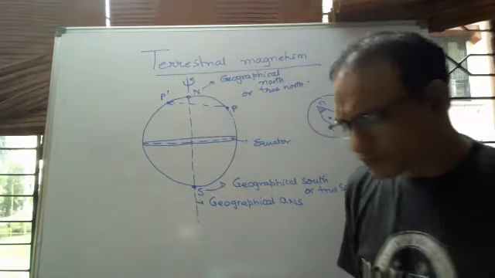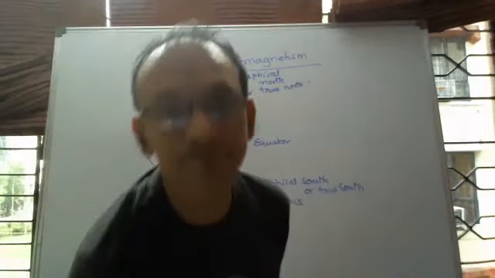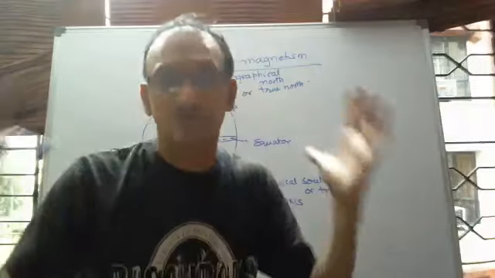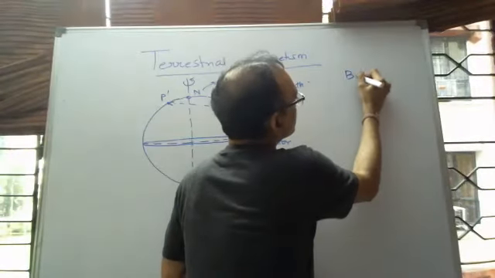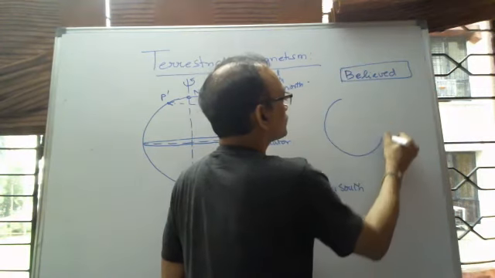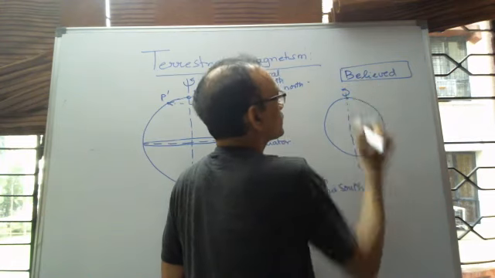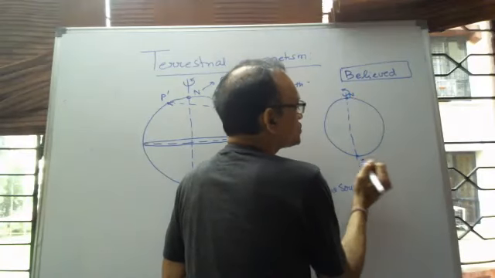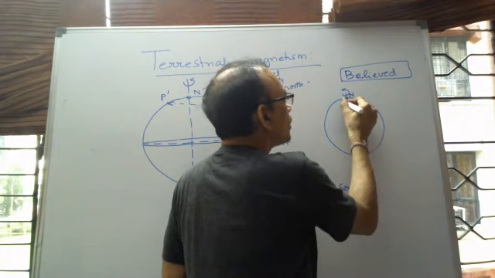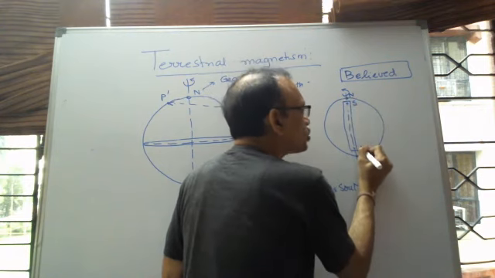So then why? What happens? Well, it was originally believed, when the science of terrestrial magnetism was evolving, that if this is the geographical axis about which the Earth is rotating, then along this axis the Earth behaves like a bar magnet, with this being the south of the bar magnet and this being the north pole of the bar magnet.